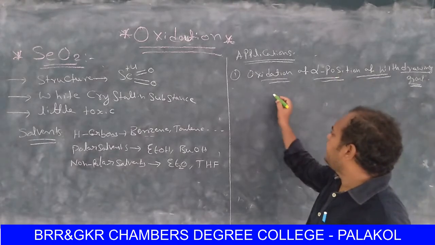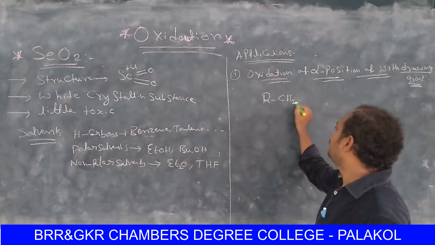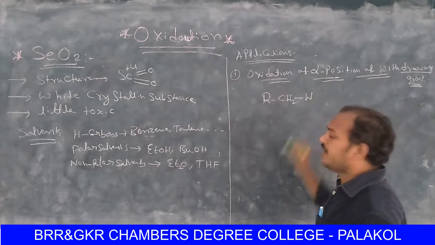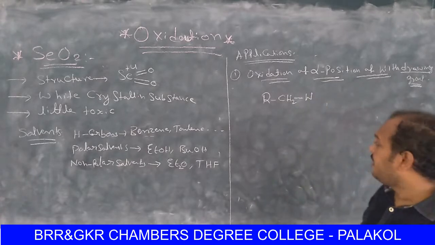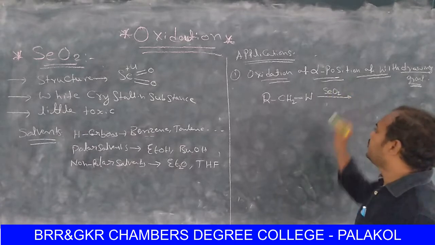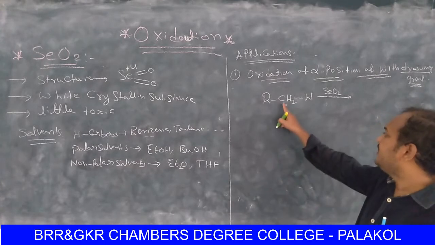For example, let me take a general example. Suppose I have RCH2, the CH function, attached to some withdrawing group W. Whenever we use SeO2, selenium dioxide, this CH group is activated because of the electron withdrawing group.